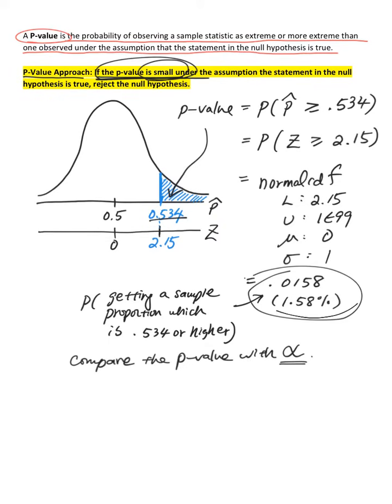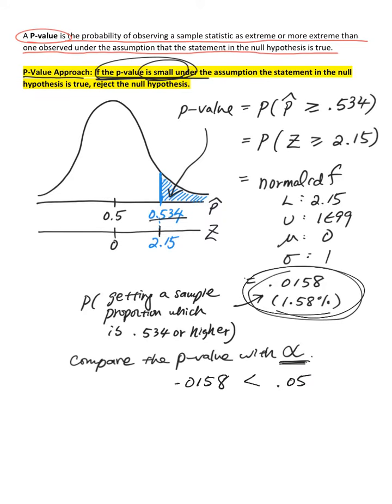Our p-value, once again, is 0.0158, and our alpha is 0.05. This is from the previous page, where we used 0.05 for alpha. So clearly the p-value is less than 0.05.